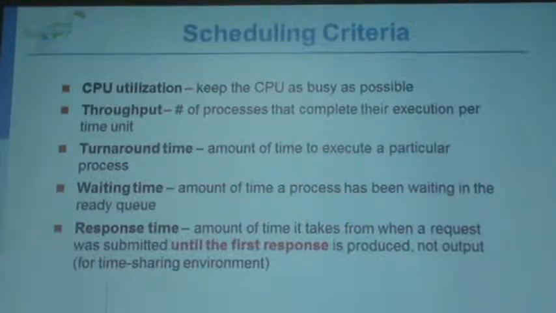Turnaround time is the total amount of time from submitting a job to completing the job. If you have multiple jobs, you can average them. That is the turnaround time. What is waiting time?